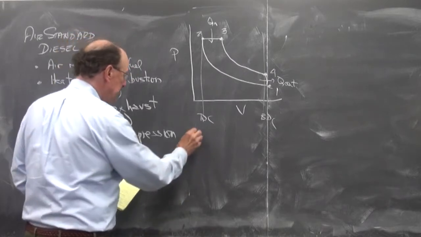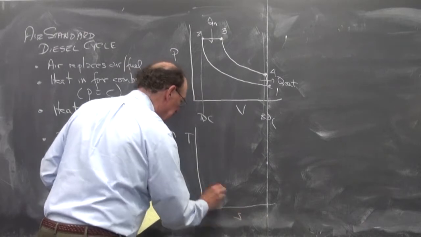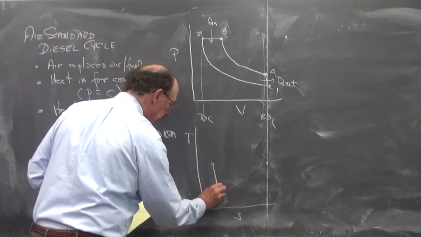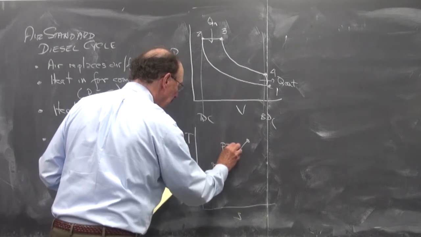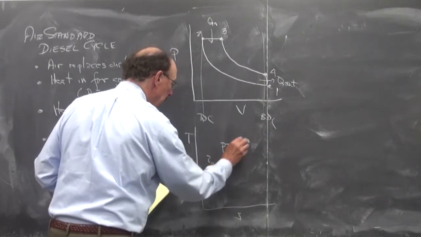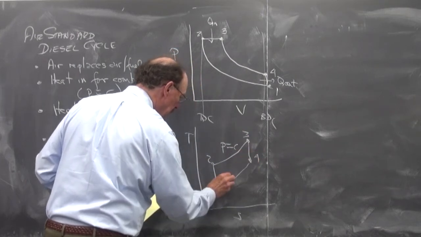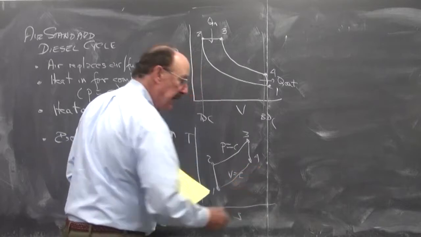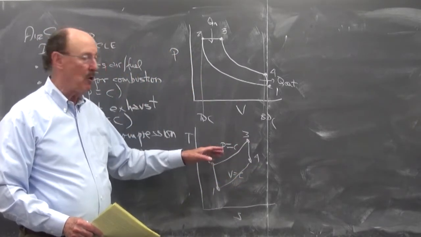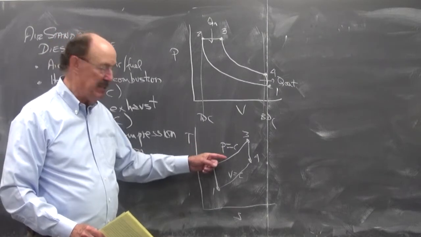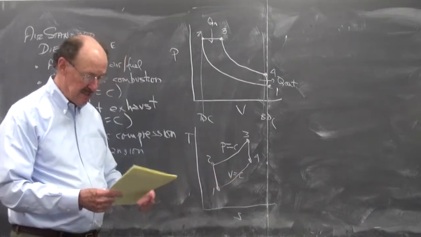And the TS diagram looks similar to the one for the Otto cycle. The difference isn't something that we can see when we draw it by hand. There's a slight difference in a line of constant pressure on the TS diagram and a line of constant volume on the TS diagram.